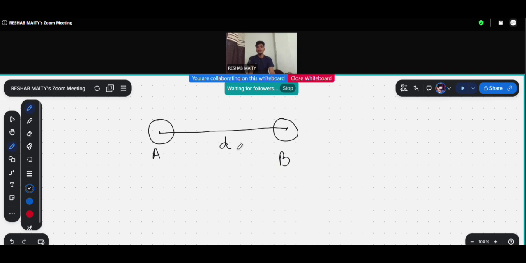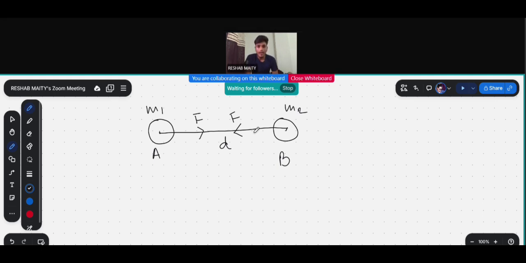The mass of A is M1, the mass of B is M2. So A will exert a force F in this direction on B, and B will also exert a force F in this direction. But why does it happen?